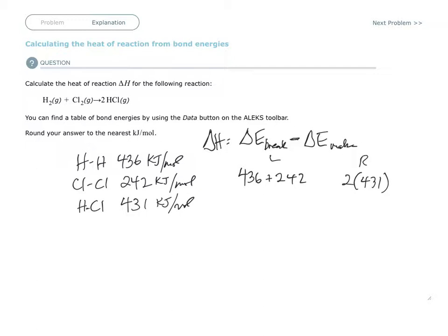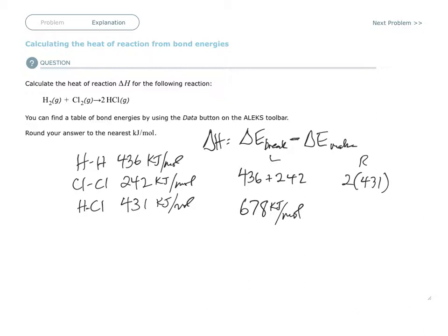And so if you want to find the total enthalpy, and that's what it says, calculate the heat of reaction, delta H, for the following reaction. So delta H is going to be the left, all the energy added up on the left, minus all the energy added up on the right. Okay, so if you add 436 and 242 together, you're going to get 678 kilojoules per mole.